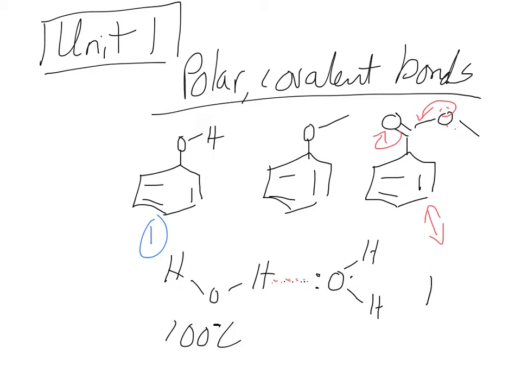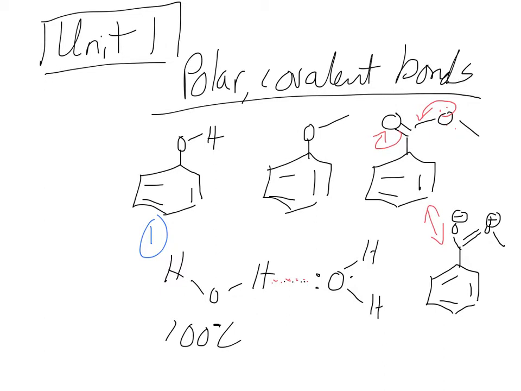And so that would create a resonance structure, right? Like that. Now that resonance structure is not to say that this ester exists like this, but some of the time it's like this, right?